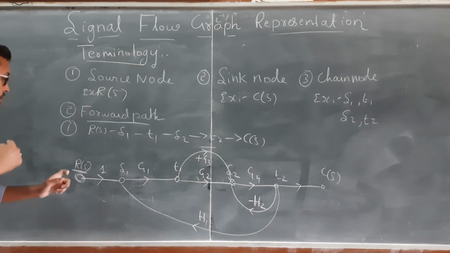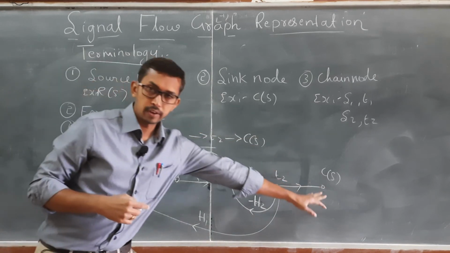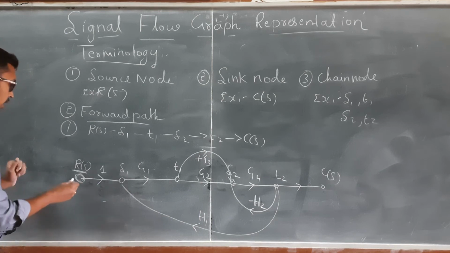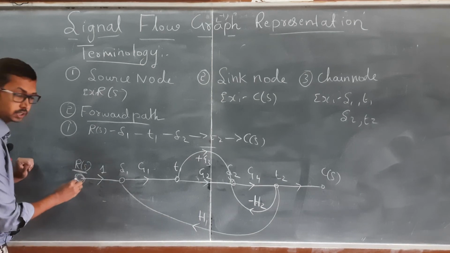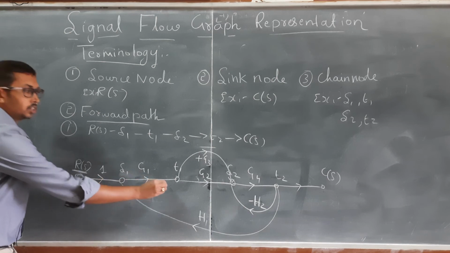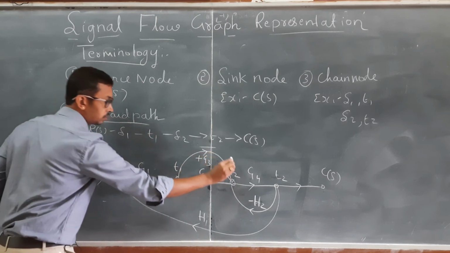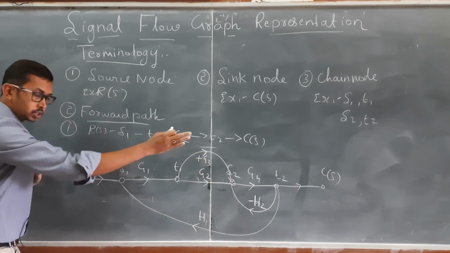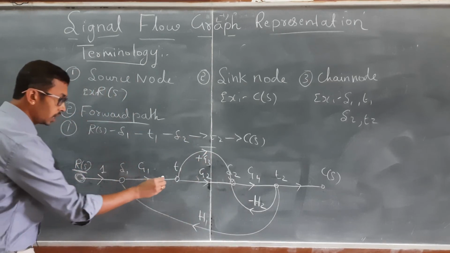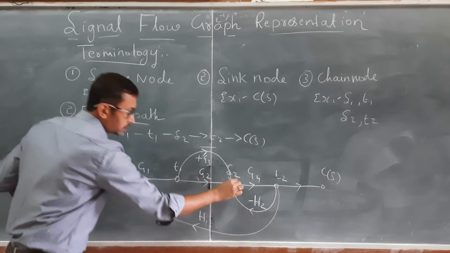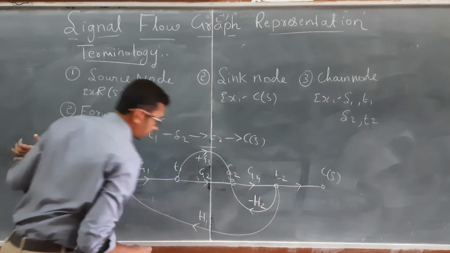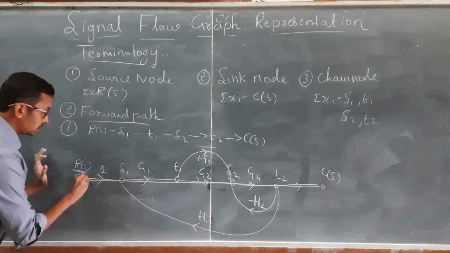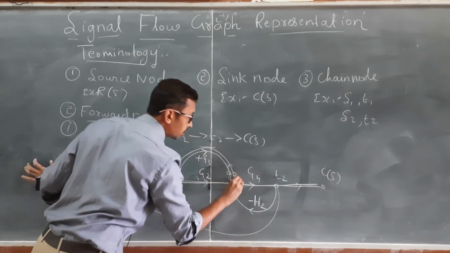I can go from R of S to C of S with another path also. See, I can go from R of S, S1, T1. Please consider this one, I am going above this one. The arrow marks should be in the same direction. I can't go in the reverse direction. So T1 to S2, S2 to T2, then C of S. So this is another forward path.